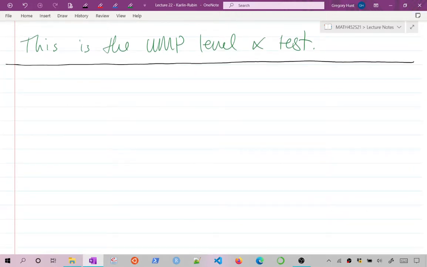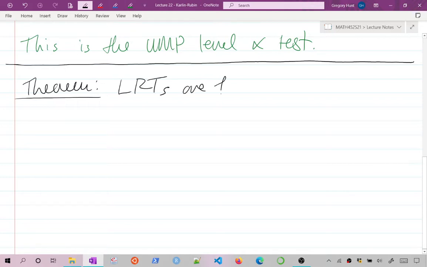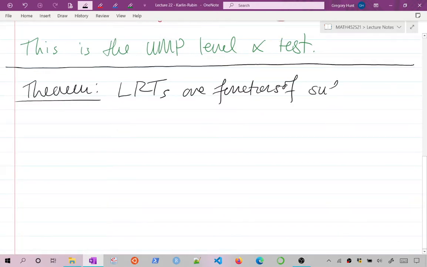We also had a theorem last time, and I'll be real quick in writing this. The theorem is that LRTs are functions of sufficient statistics.